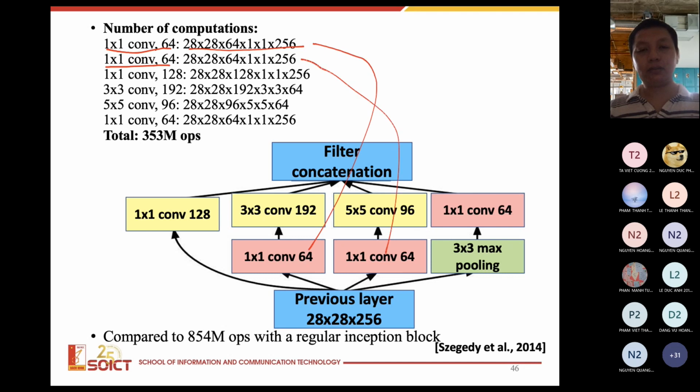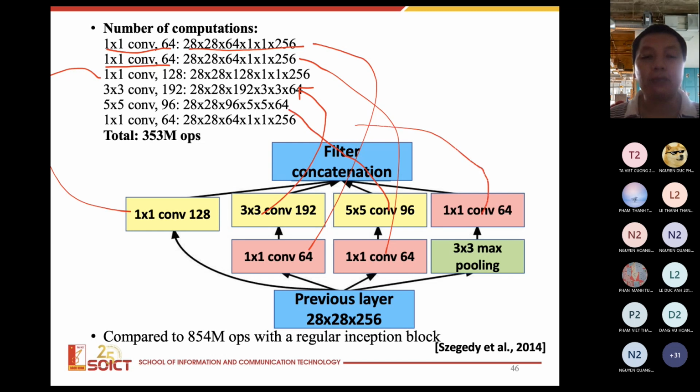And now we have a 1 by 1 convolution with 128 channels. For the 3 by 3 convolution, in this case it is only 28 by 28 by 192 by 3 by 3 by 64, because it accepts the input which is the output of the 1 by 1 convolution with 64 channels. And the same for this convolution, and the same for this one.